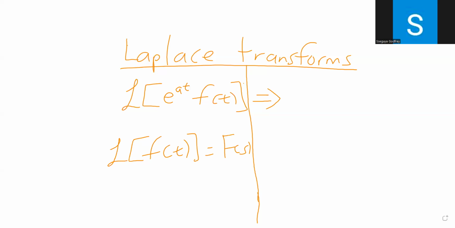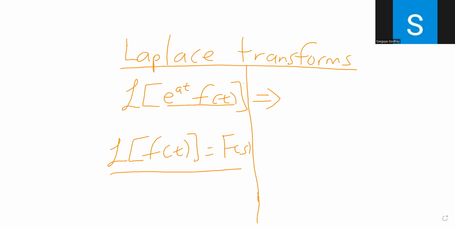But now, instead of f(t), we have exponential at times f(t). You don't rush to find the whole of the Laplace transform of e^(at) f(t). What we are going to do is simple. We first find the Laplace transform of f(t), which is F(s).